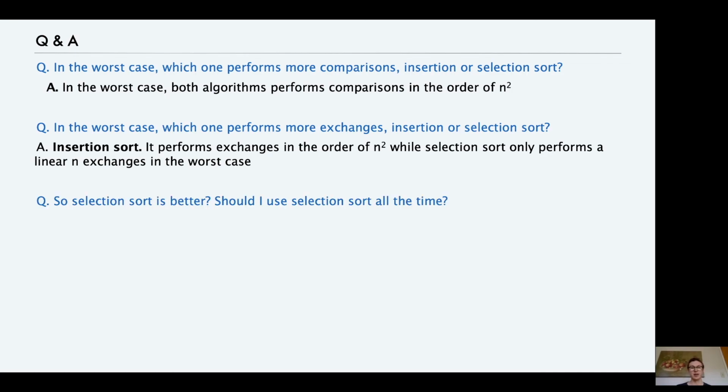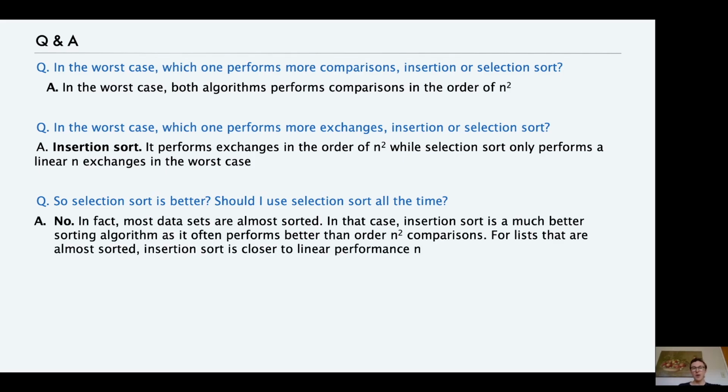So it seems like selection sort is better because, well, they both have the same order of comparisons, but selection sort has far fewer exchanges. So wouldn't selection sort be better? Why not use it all the time? Well, in fact, insertion sort is often far better than selection sort.